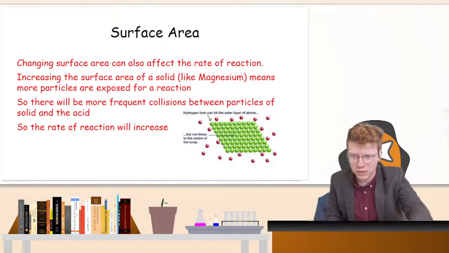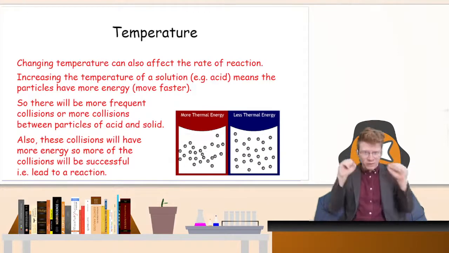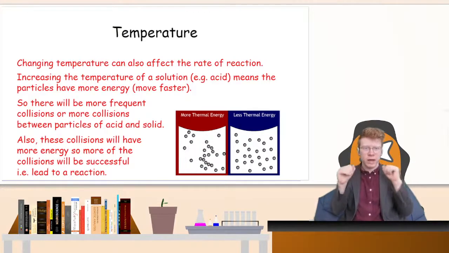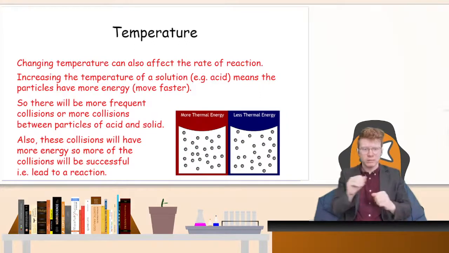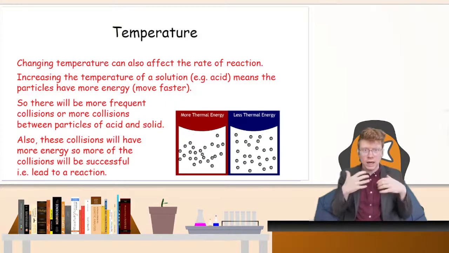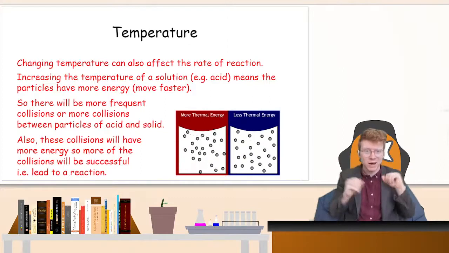Now the last thing we talk about is temperature, right? We remember from year 9, we have our little particles, right? In cold environments, they kind of shake like this, not that much, right? And they might bounce off one another from time to time, right? But as you increase the heat of a solution, what you're really doing is putting more kinetic energy into the particles.